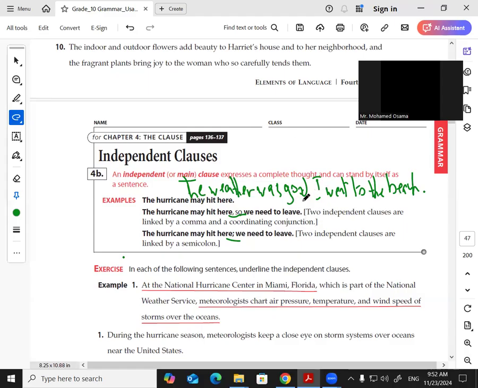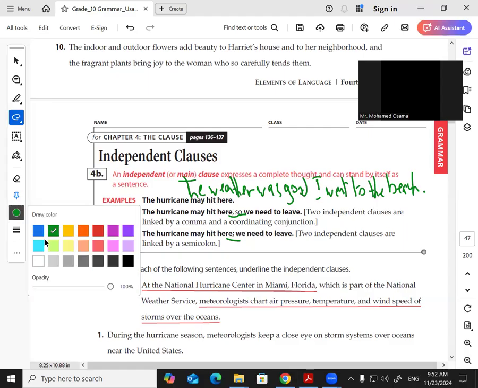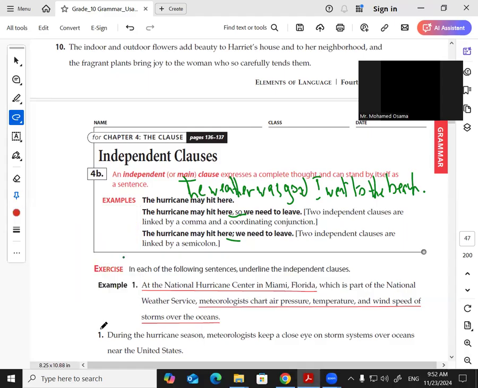So the question here: can I link the two clauses together using just a comma? Definitely the answer would be no, because in this case it will be something called a comma splice.